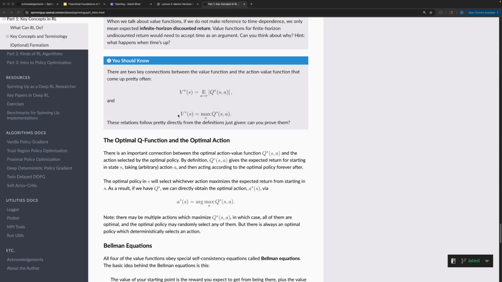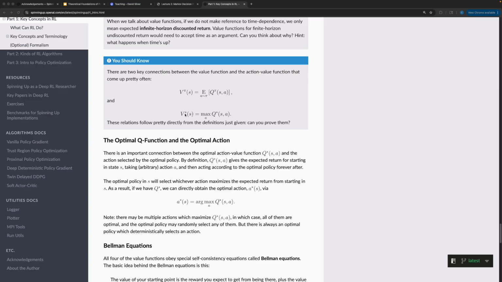Now to think of it, if you are at any state s and you know the q star sa, which is like the total expected returns that you can get from that state if you take an action a, your optimal policy can just choose that action which gets you the maximum value.